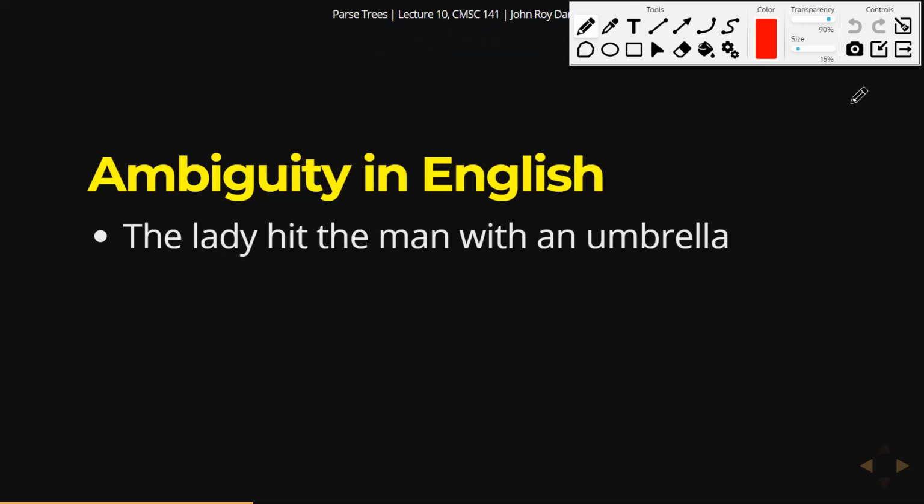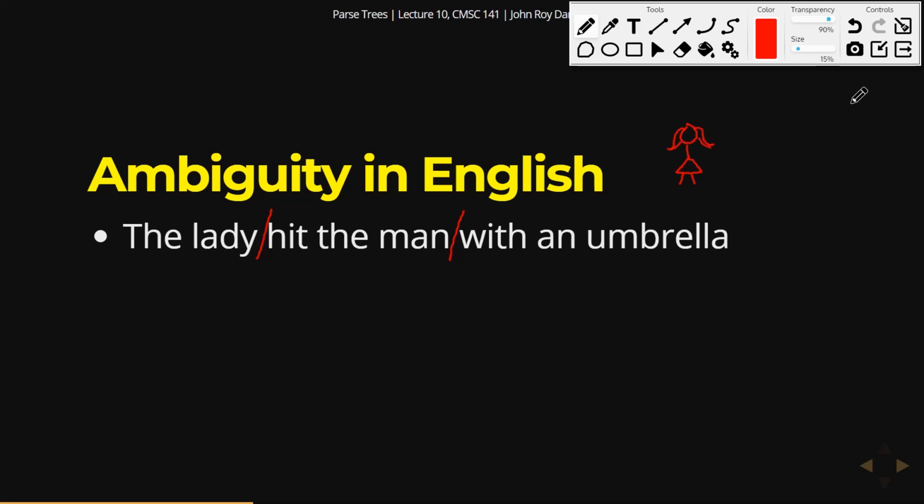So the lady hit the man with an umbrella. So this could be ambiguous because you could interpret it two ways. You could break it like this: the lady hit the man with an umbrella. So there's a lady here, right?